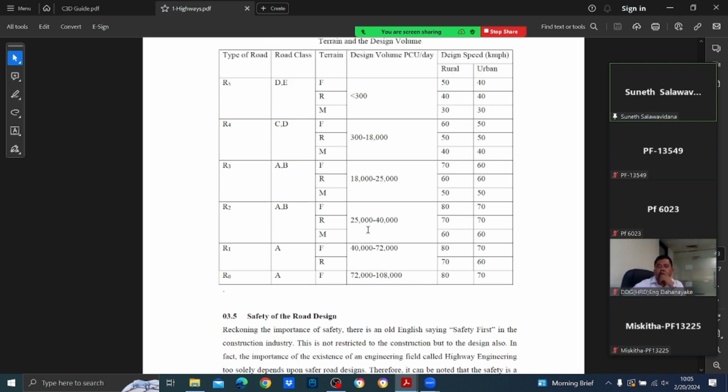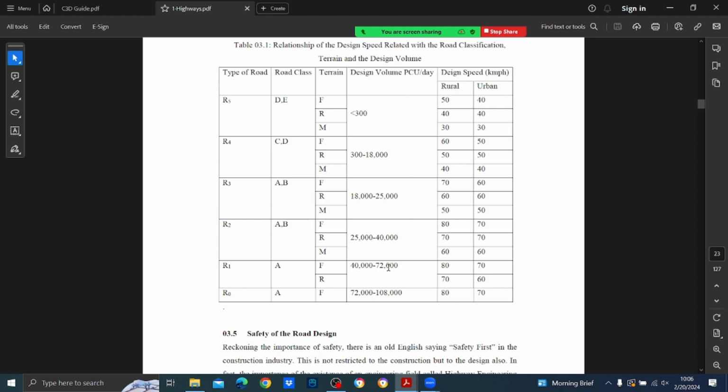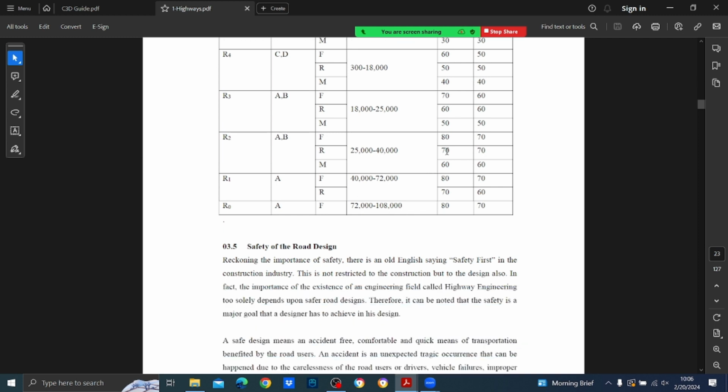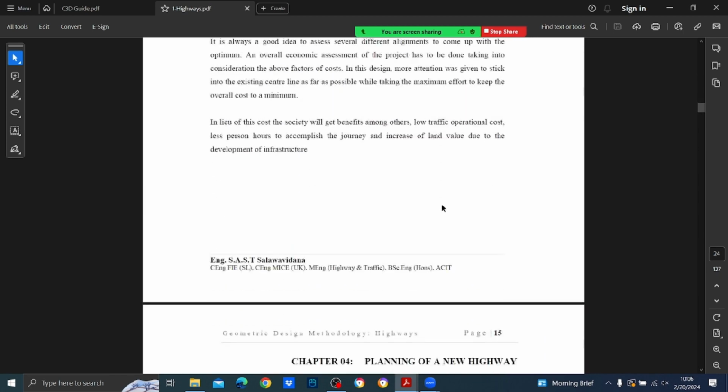Okay, and here, depending on the design volumes, of course, you can go for the design speeds and things. That is just one guideline to select the design speed.